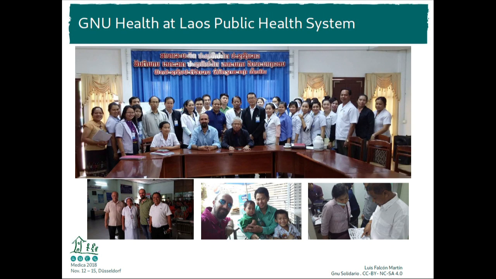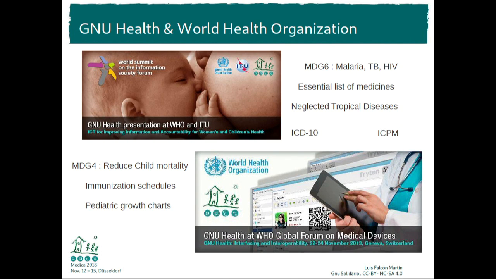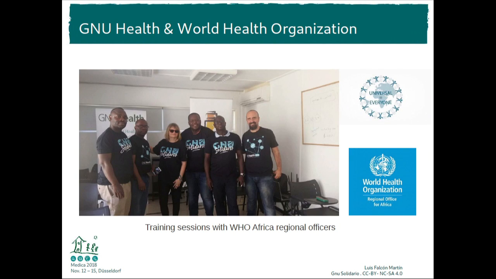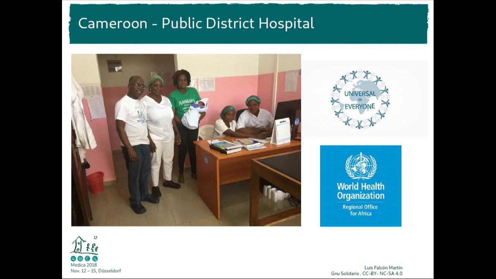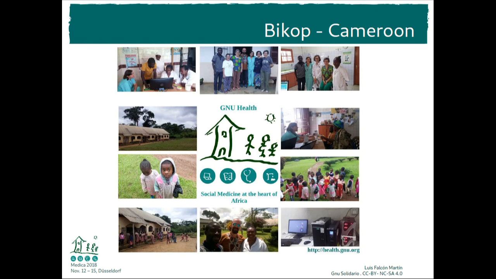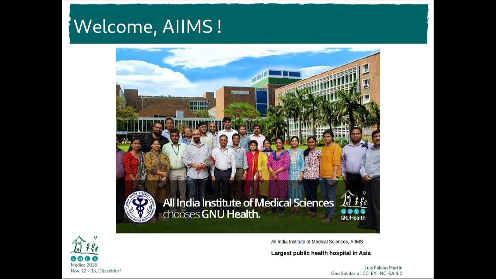Laos, we work along with WHO for different things, not only using their standards, but also in specific countries like Cameroon. Red Cross, we go from very small health institutions in the middle of the rainforest, in this case of Bikop, to quite large organizations like AIIMS, the largest hospital in Asia, with over 1 million evaluations per year.